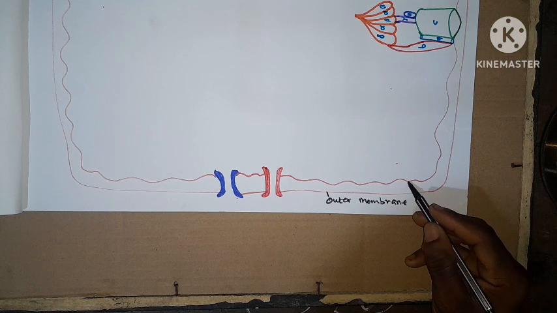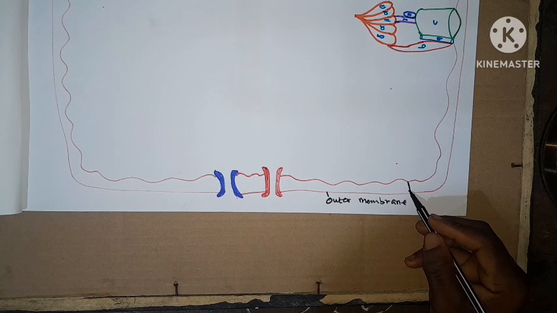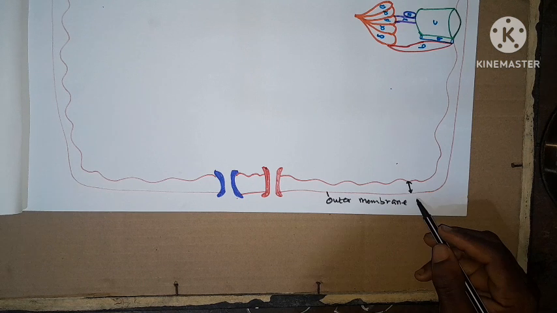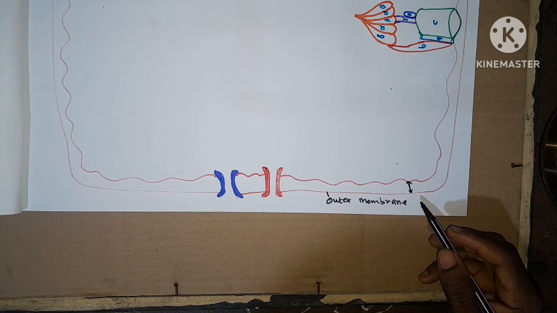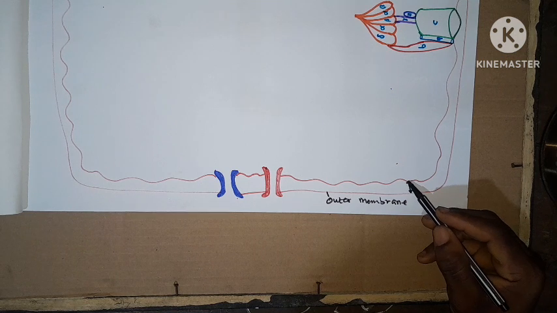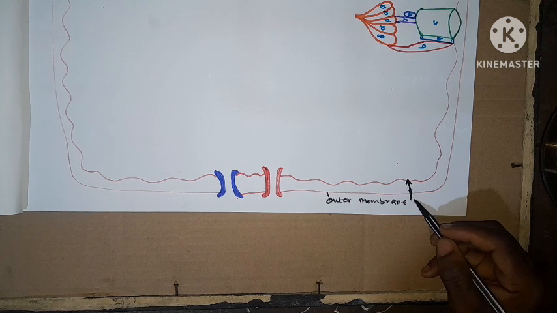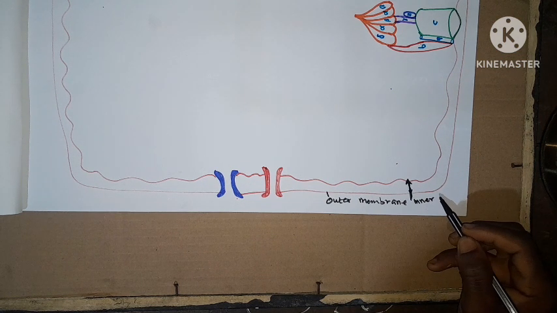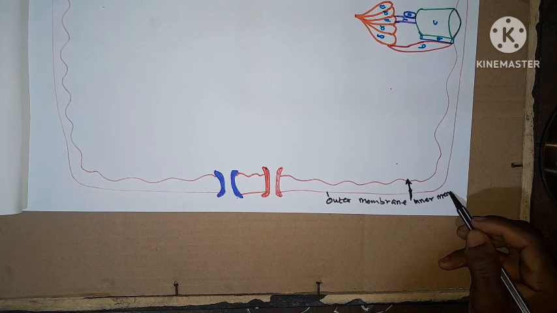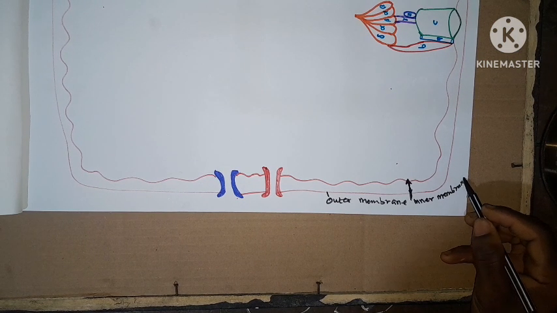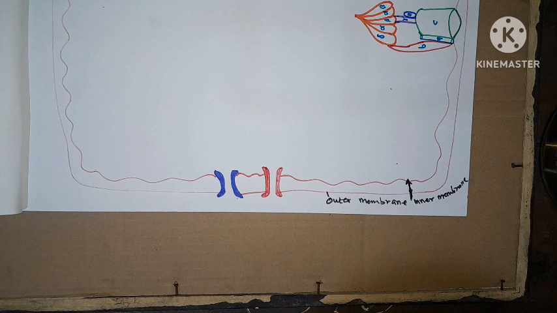That is this portion, the inner membrane of the mitochondria. And we also have what we call the intermembrane space.